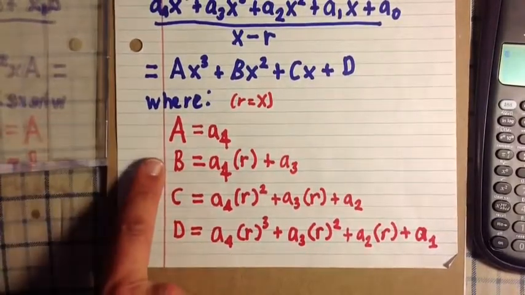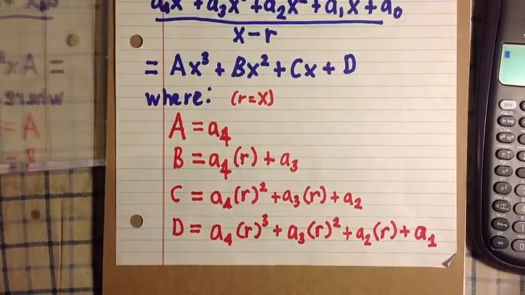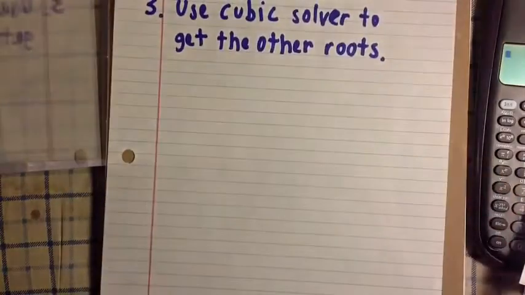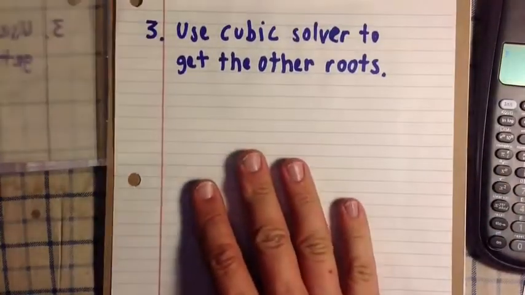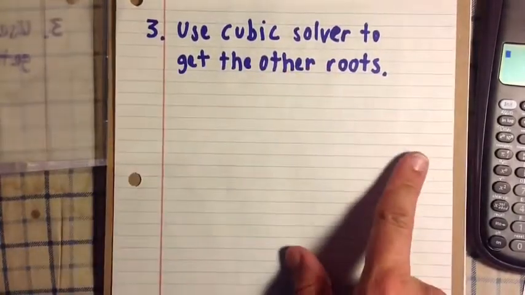Once we get capital A, B, C, and D, we then can use the polynomial feature on the TI-36X Pro to get the other roots.